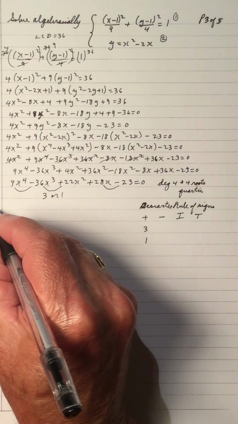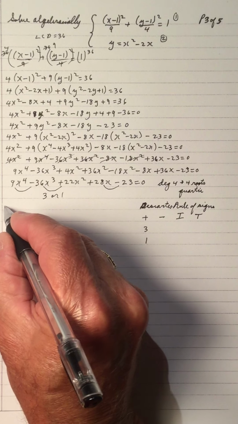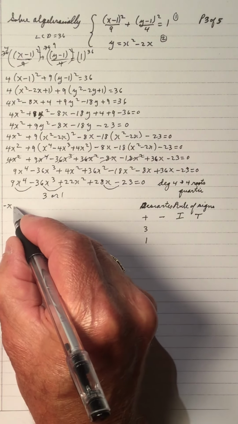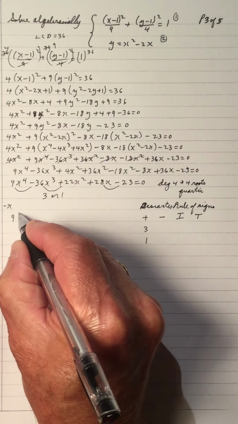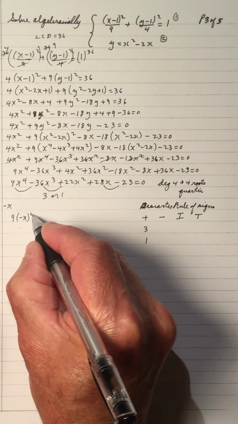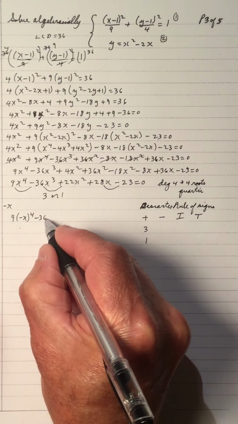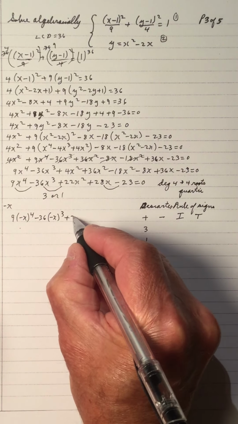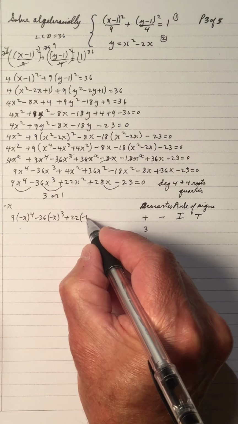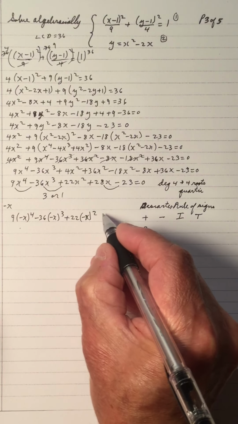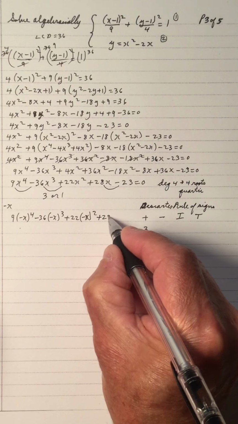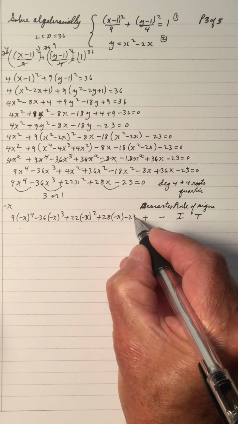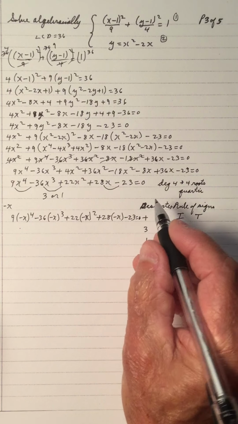Now, if I put a negative x in the place of this equation, if I sub in a negative x, I get 9 negative x to the 4th minus 36 negative x cubed plus 22 negative x squared plus 28 negative x minus 23 equals 0.